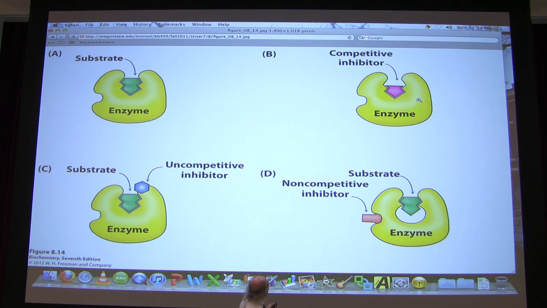But instead of the inhibitor resembling the substrate as happened with competitive inhibition, the non-competitive inhibitor binds to a different portion of the enzyme. You can see what's happened with this non-competitive inhibitor. It is bound to a different portion of the enzyme. It didn't resemble the substrate at all. And it caused the enzyme to change shape, and the enzyme no longer functions.